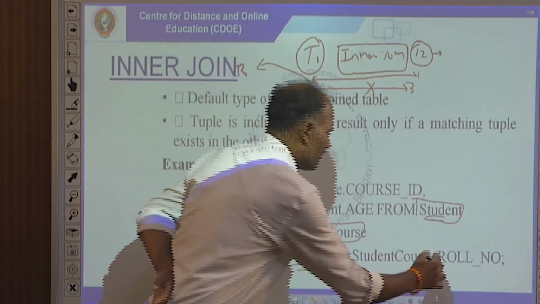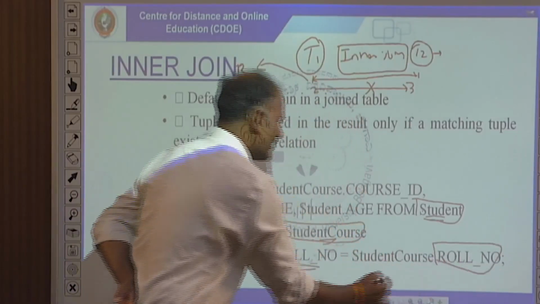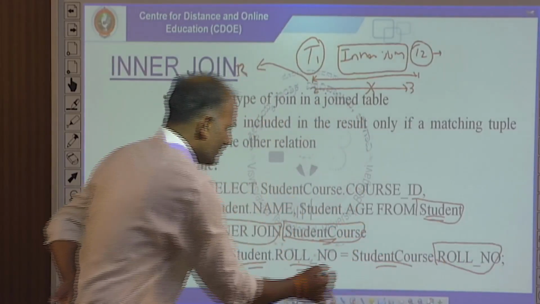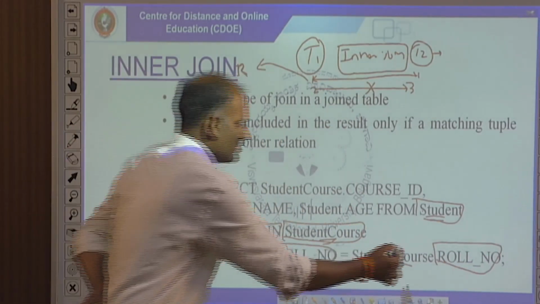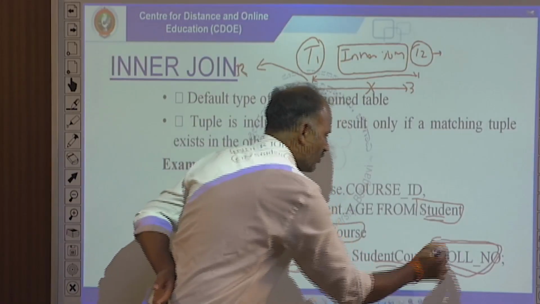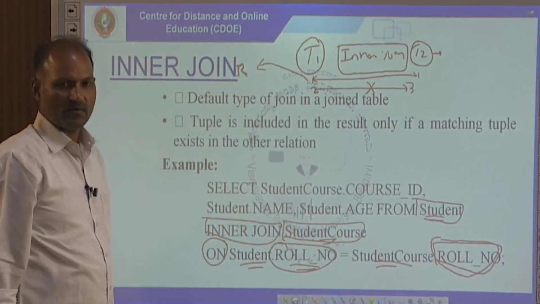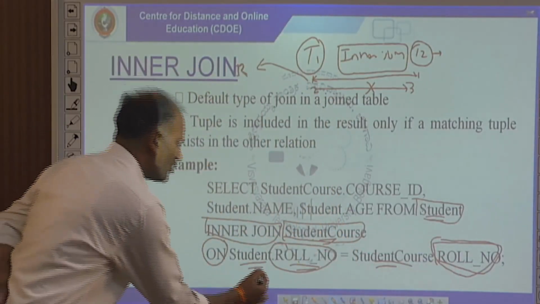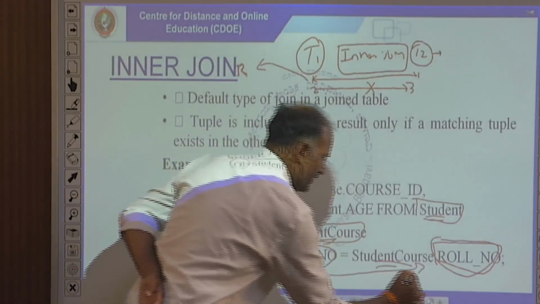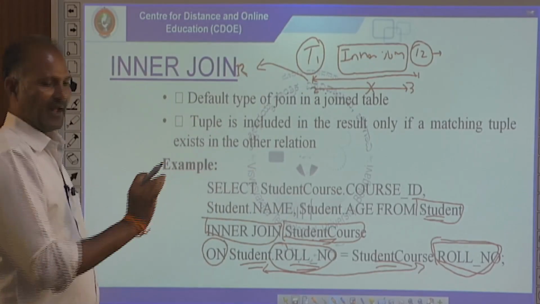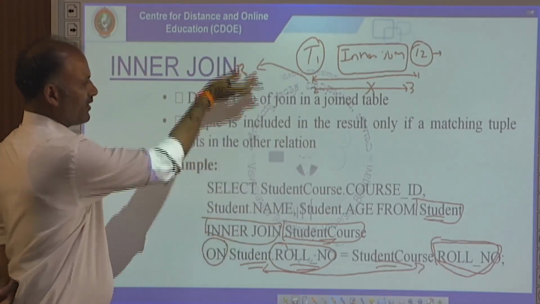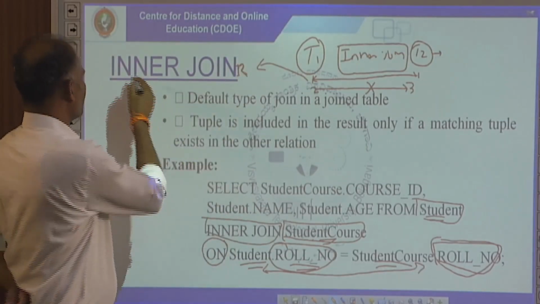This roll number is present in another table called student course. Both are common. So now it is going to compare the value of this field, and if there is a match, only then include the records. That is the function of join.